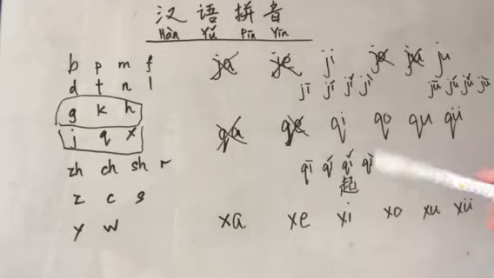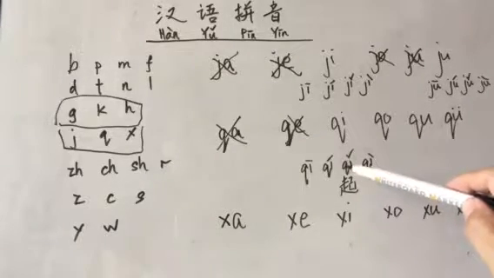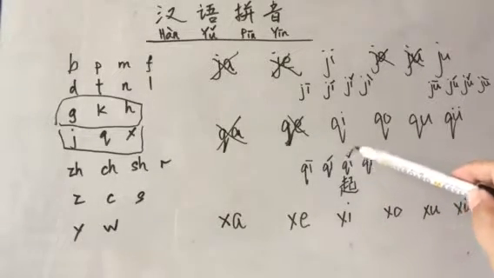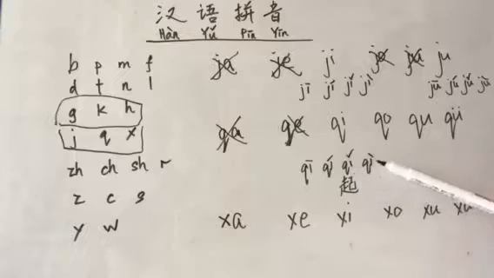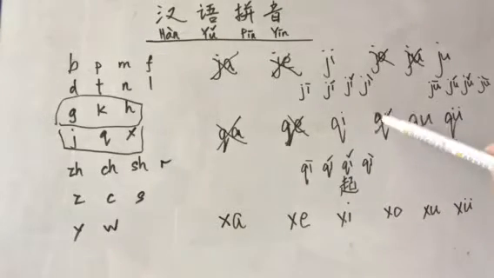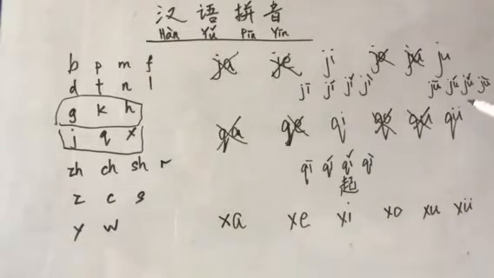And how do you indicate this sound? By writing Q and I with the third tone. Qi, yi, qi, qi, qi. Okay, and this one, same thing.